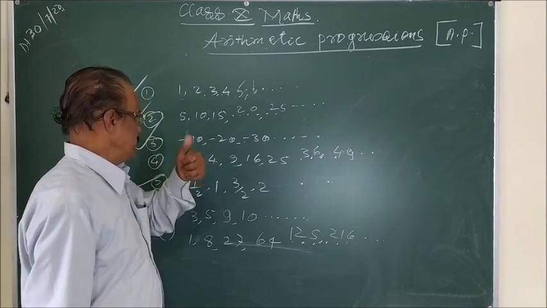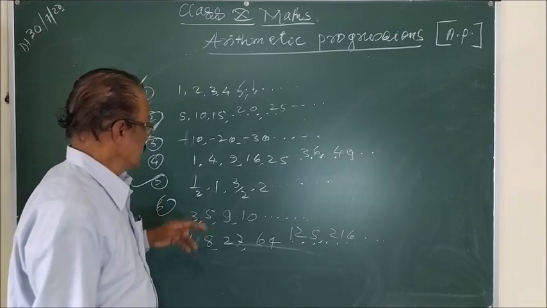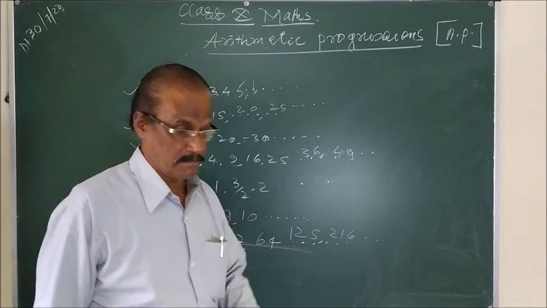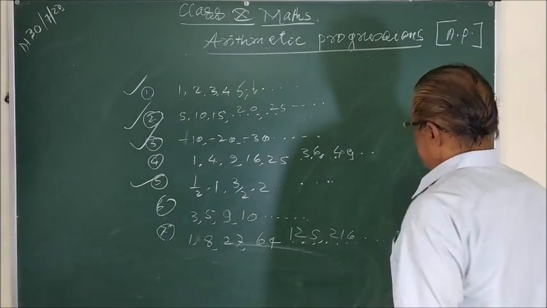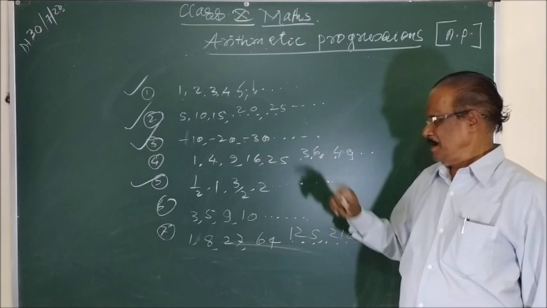What about 5? 5 also showed a specific pattern. These are the squares of all the natural numbers starting from 1. Now, what is the difference between this and this 5, these 4?